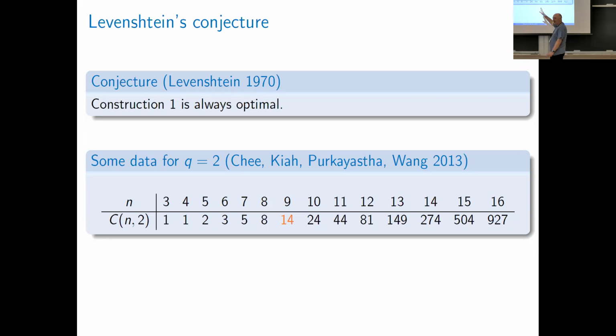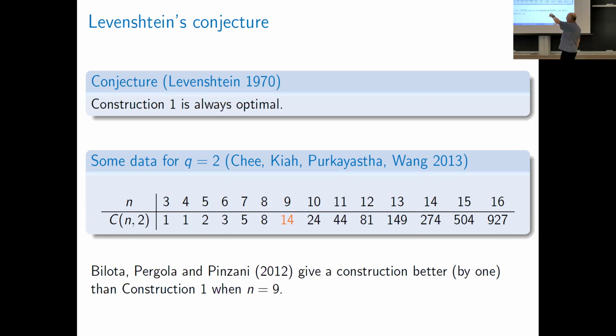So does that make you more or less doubtful about the conjecture? Well, the conjecture clearly doesn't hold. There's this single example, but are there any other counterexamples? I mean, these are small numbers, aren't they? So there we go. So what was that construction?